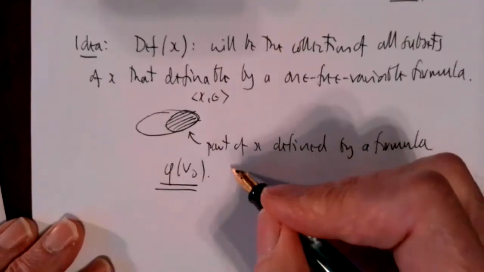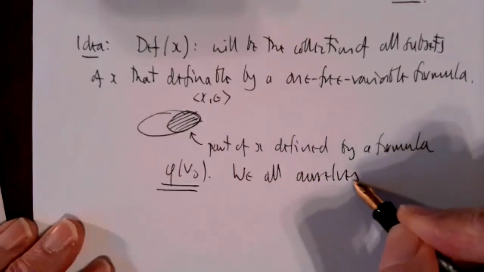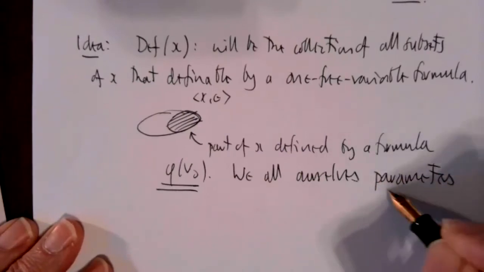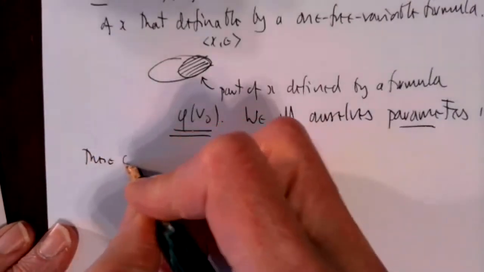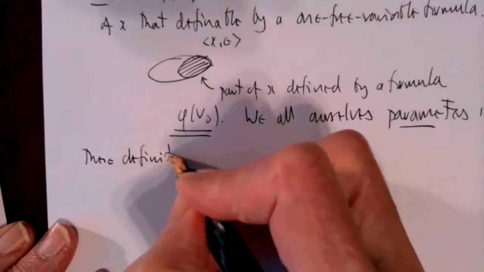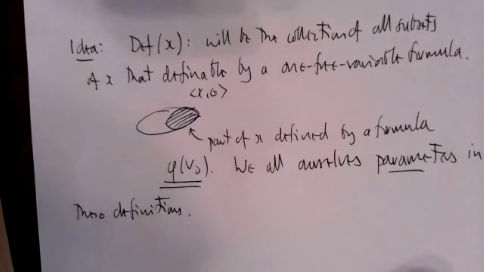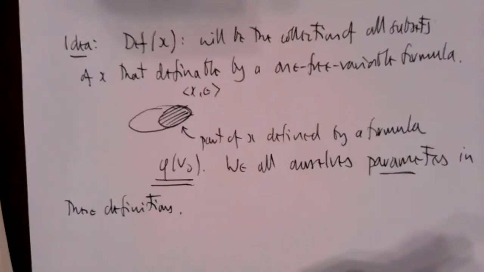Now, we allow ourselves parameters in these definitions. I can write down what the set of evens is without referring to any other objects. But if I want to say the set of evens bigger than 24, I'm going to have to make reference to the number 24.